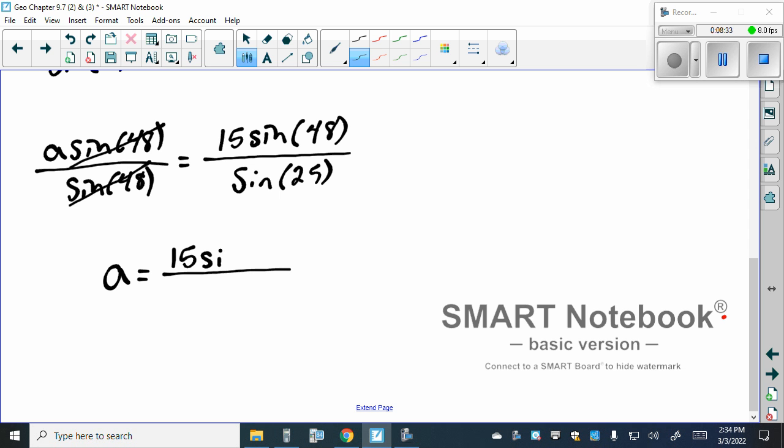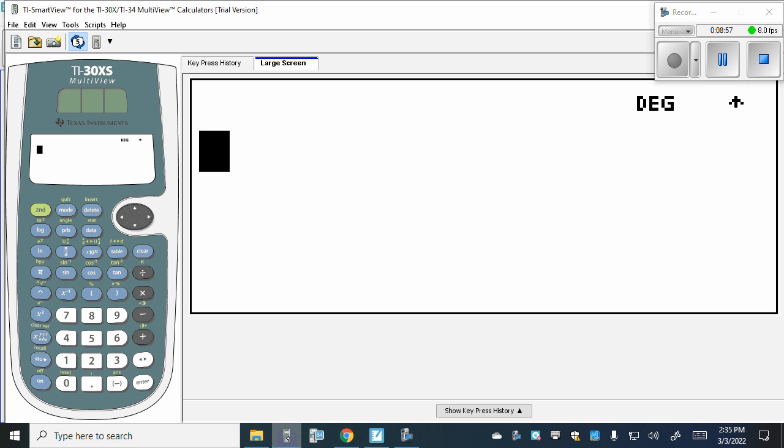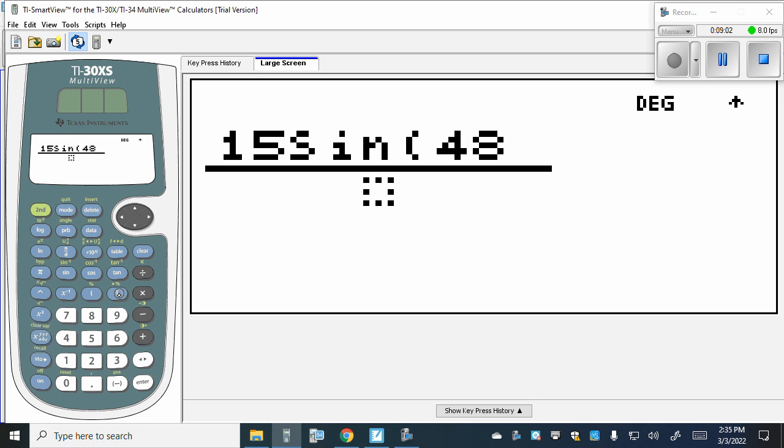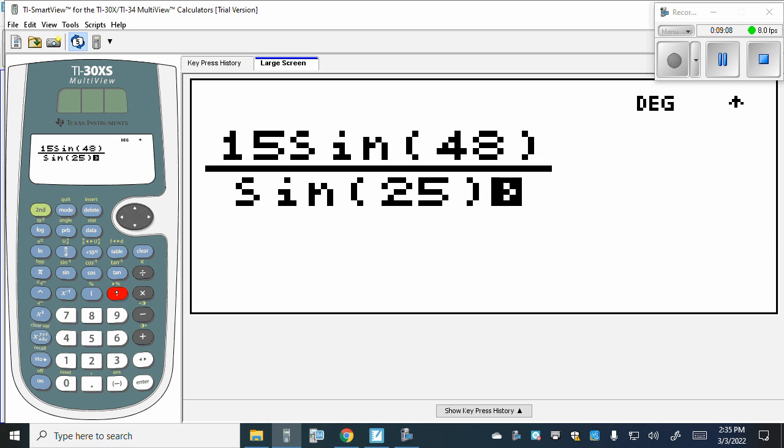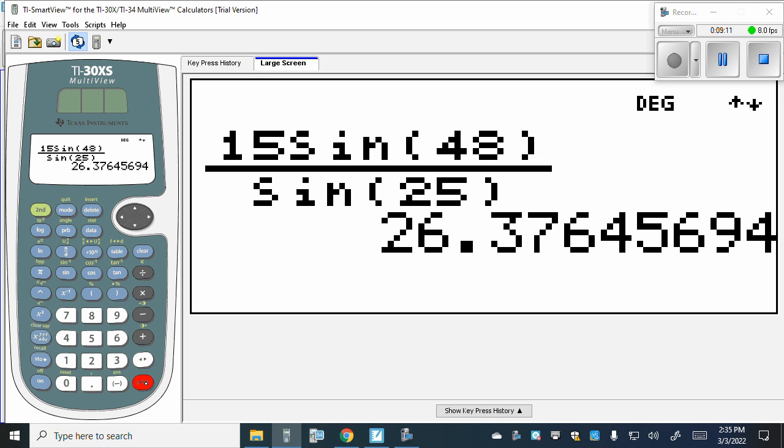So really what it's telling us is that over here we have A is equal to 15 sine of 48 divided by sine of 25. Well, 15 sine of 48 divided by sine of 25, that's just a number, isn't it? So on the calculator, fraction, we could say 15 sine of 48 over sine of 25, and hit enter.